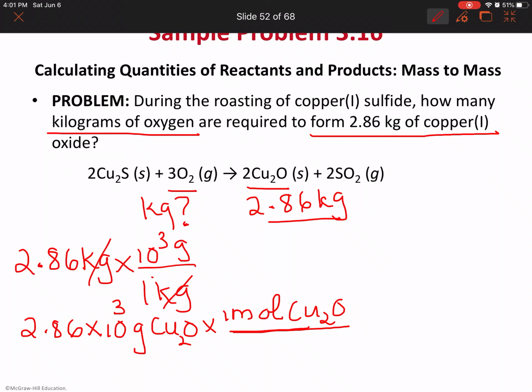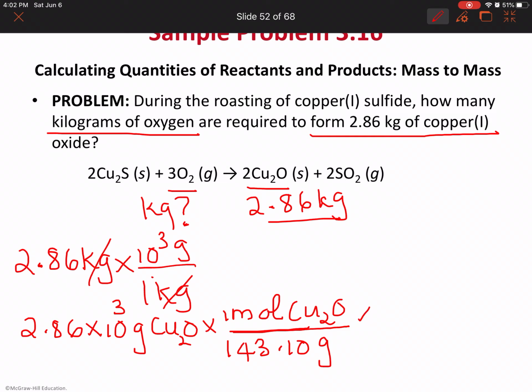So what is the molar mass of copper oxide? That is 143.10. You can calculate the molar mass of copper oxide. So first step is converting grams to moles of copper oxide.